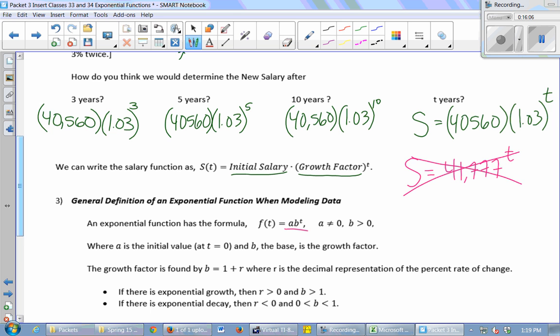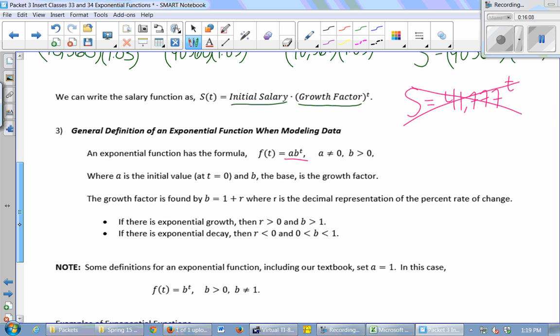A is your initial value. In our case, it was an initial salary. And b, which is sometimes called the base because it's the base of the exponential, is called the growth factor. The growth factor is always found by doing 1 plus the percent rate.